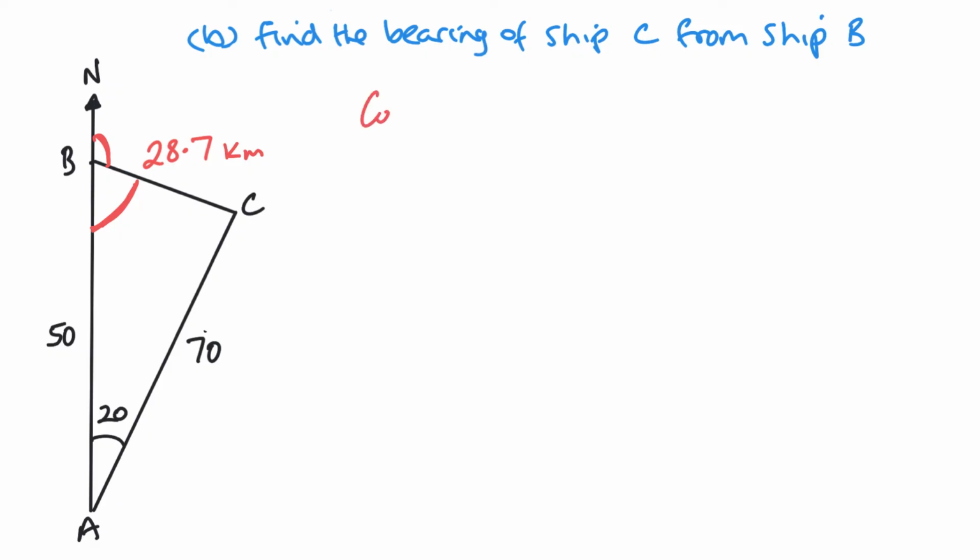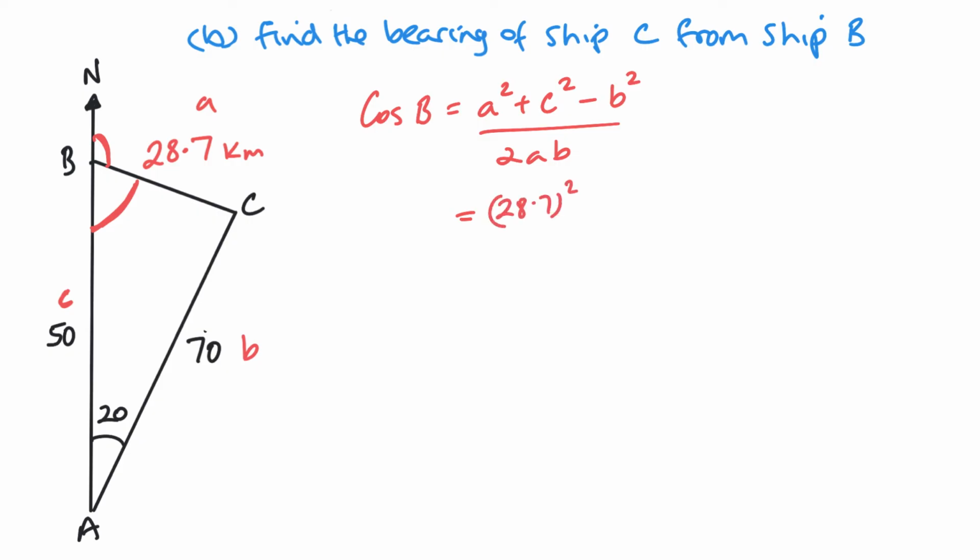So we're looking at cos of B, and I'm just going to relabel my triangle quickly for my A, B and C. So cos of B is a squared plus c squared minus b squared over 2ac. So a squared there is this 28.7 squared.